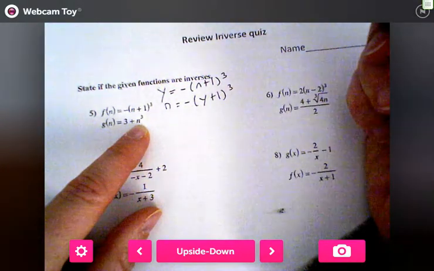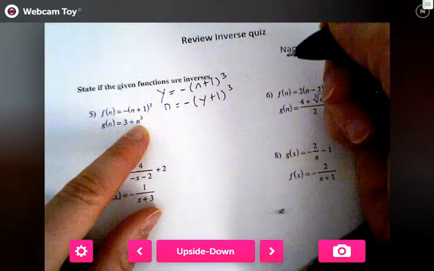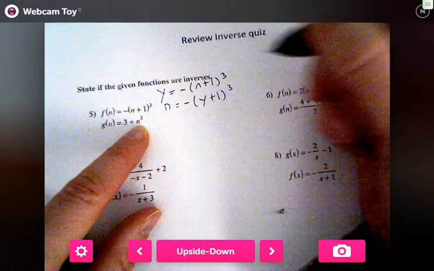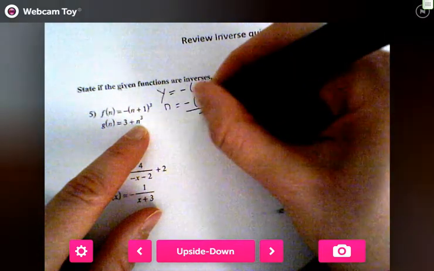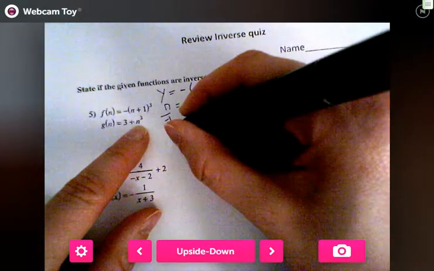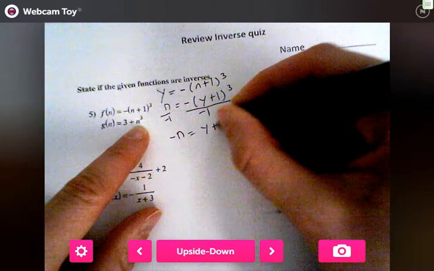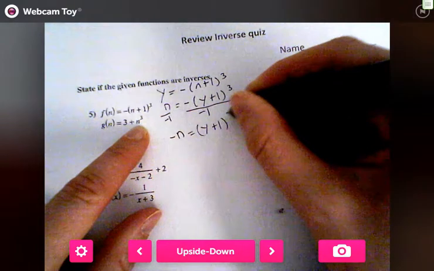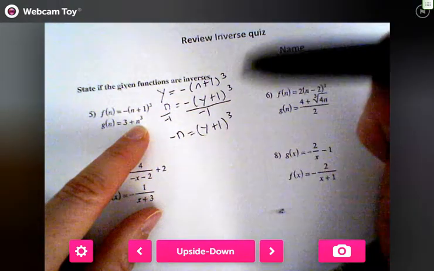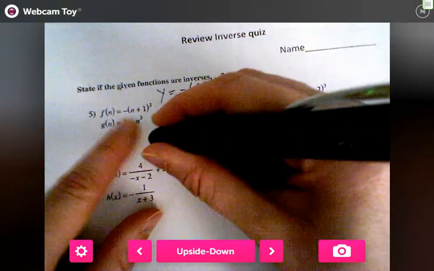Okay, so my first step for this is I need to divide by a negative. So I divide everything here by a negative, and I'm left with negative n equals y plus 1 to the third. And then I need to get rid of the third power. So I'm going to take the third root on both sides to get rid of that.